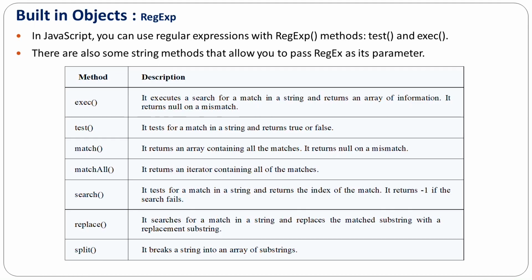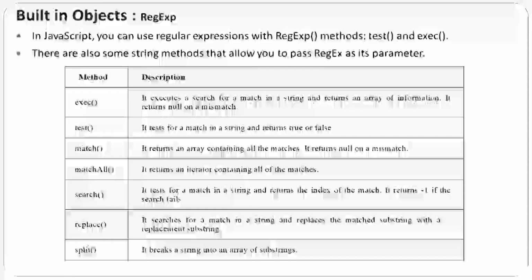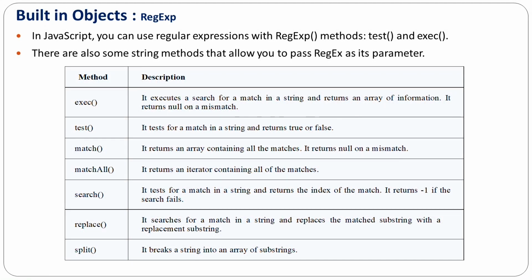The matchAll method returns an iterator containing all of the matches. Search tests for a match in a string and returns the index of the match. It returns -1 if the search fails. The replace method searches for a match in a string and replaces the matched substring with a replacement substring.